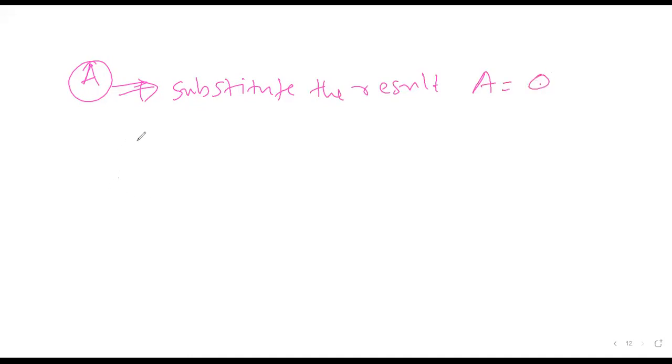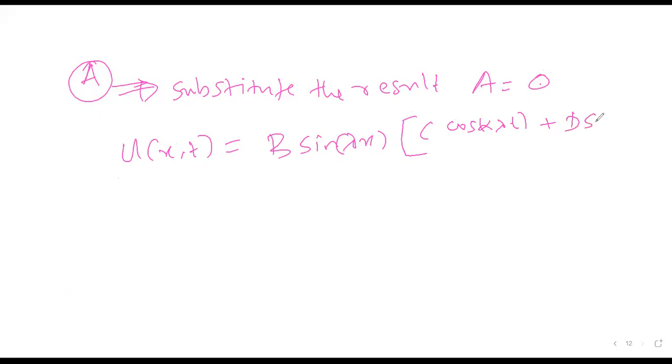Therefore, your equation will be reduced to u(x, t) equals only b sine lambda x times (c cos alpha lambda t plus d sine alpha lambda t). So I'm reducing my equation using boundary condition 1 to a nicer form. Let's say this is my equation number B, big B or small b.